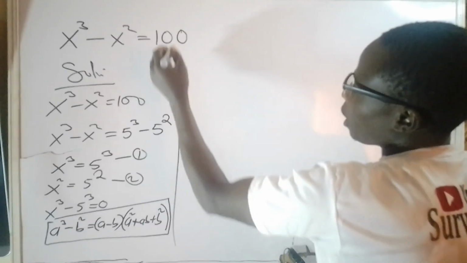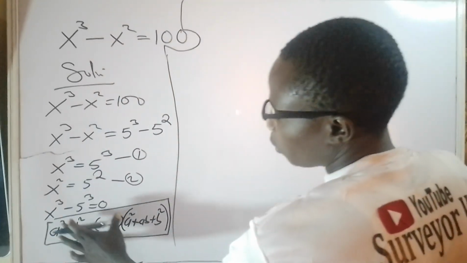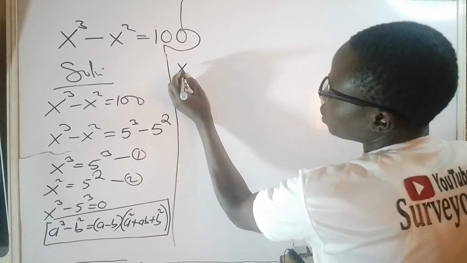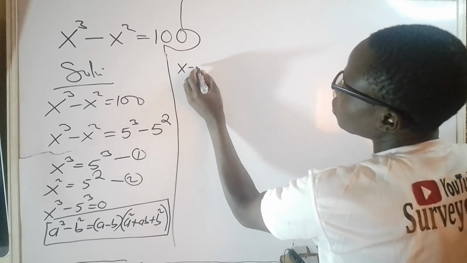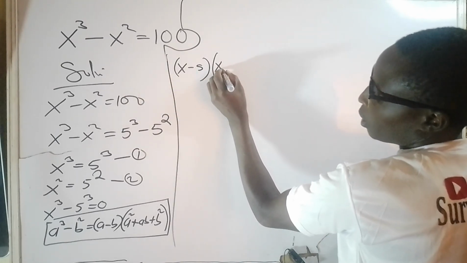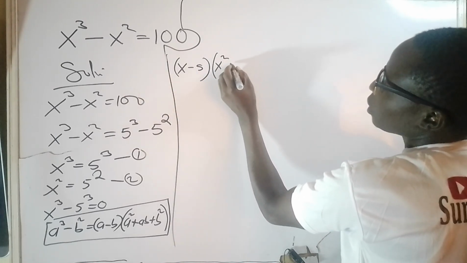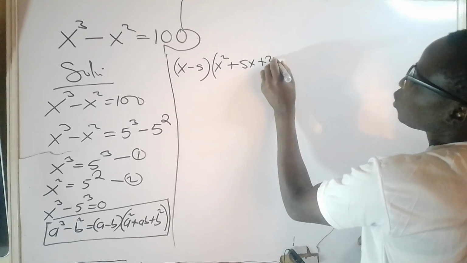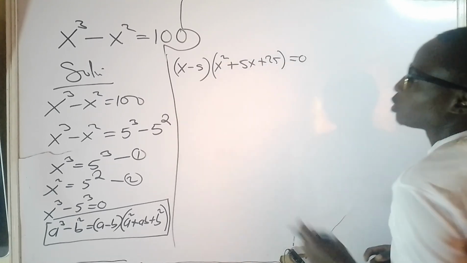Going by this, I can now rewrite this as x minus 5 multiplying x squared plus 5x plus 25 to be equal to 0.